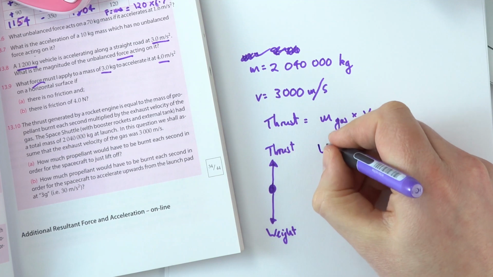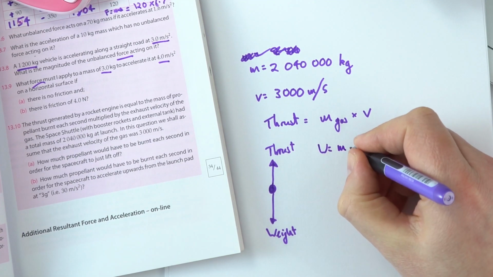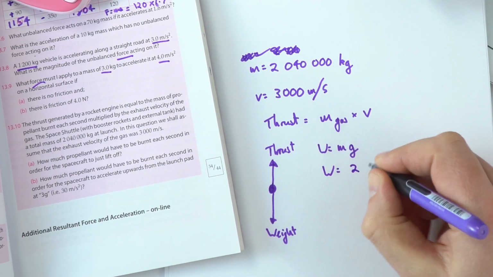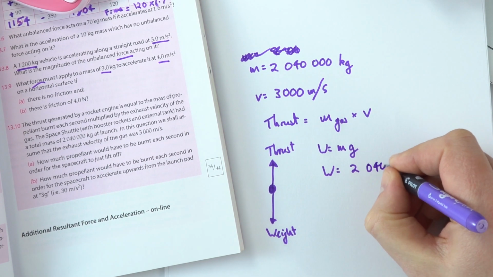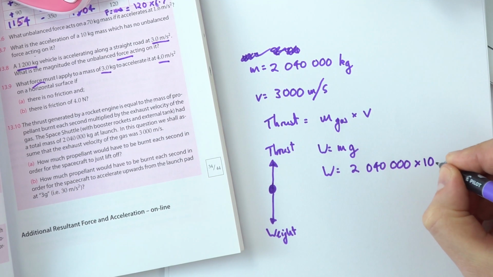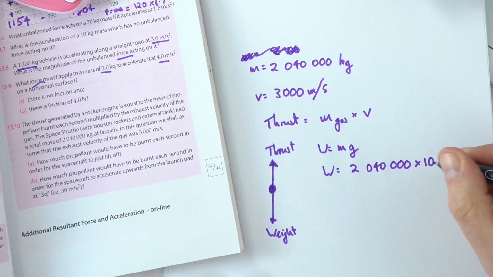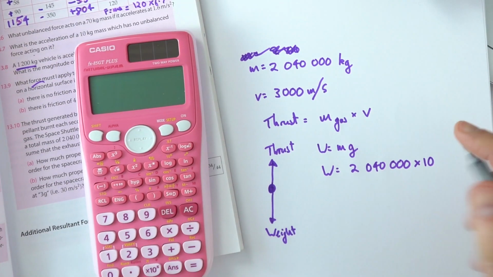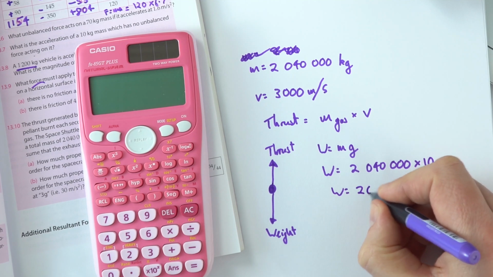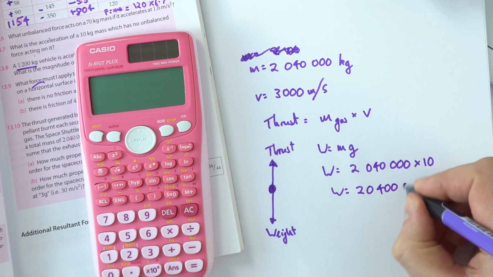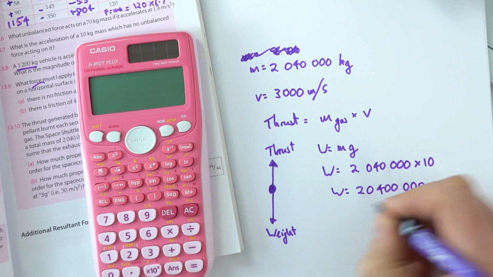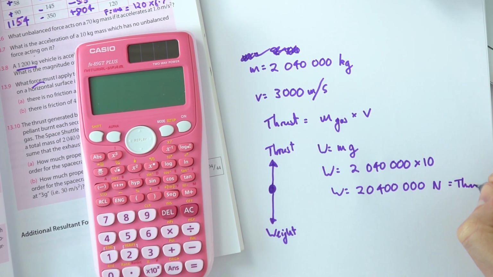Now the weight of that rocket is going to be equal to mass times the gravitational field strength. So the weight of this rocket was 2,040,000 kilograms multiplied by 10. I'm going to use 10 as the gravitational field strength, so I don't need to work that out. So the weight is equal to 20,400,000 newtons, which is also then equal to the size of the thrust.